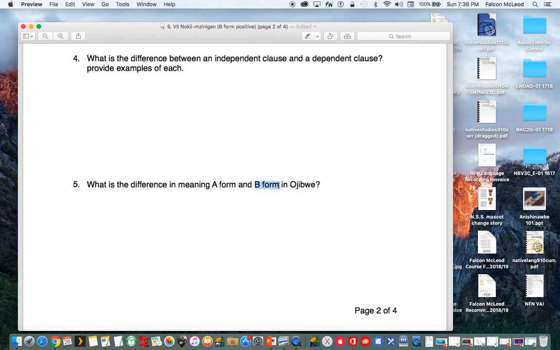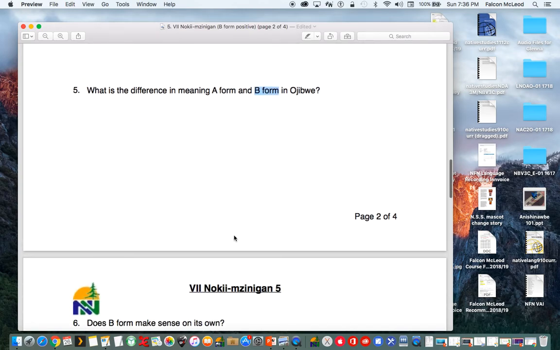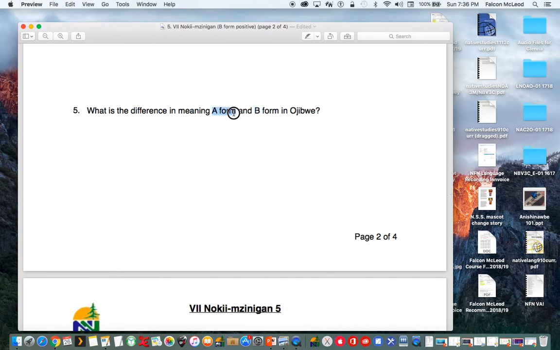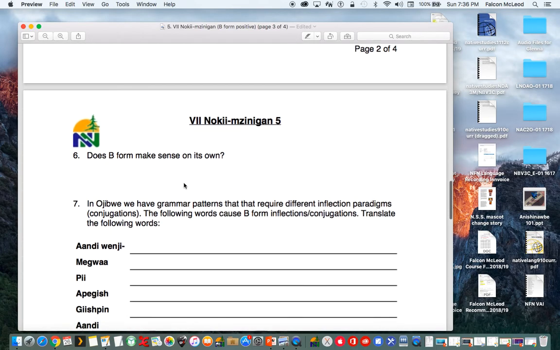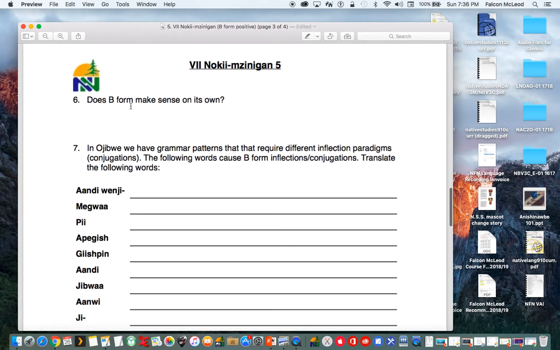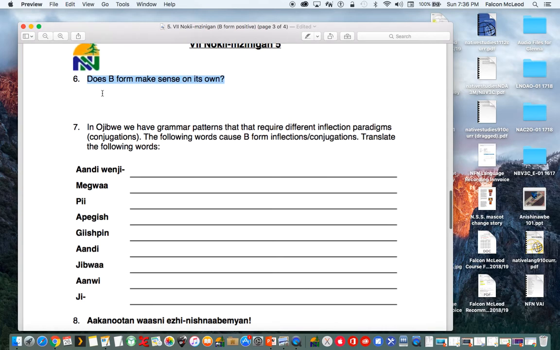Is B form a dependent clause or independent clause? Which one of these makes sense on its own, or which one needs further information? Number 6, does B form make sense on its own? That was covered in our PowerPoint presentation.